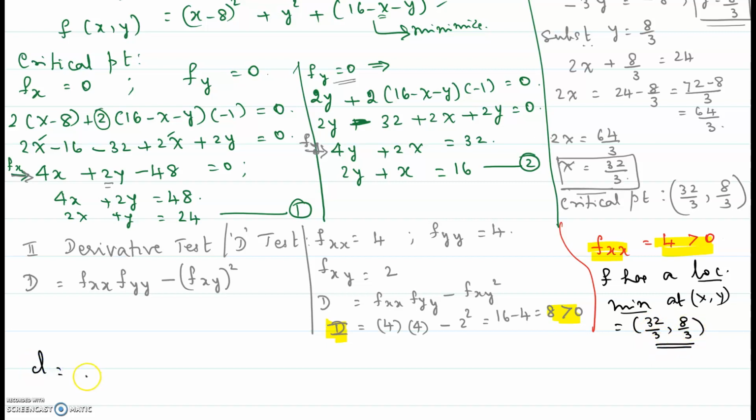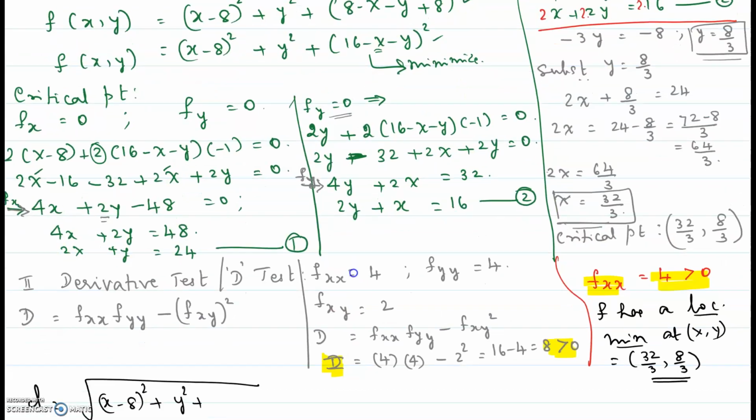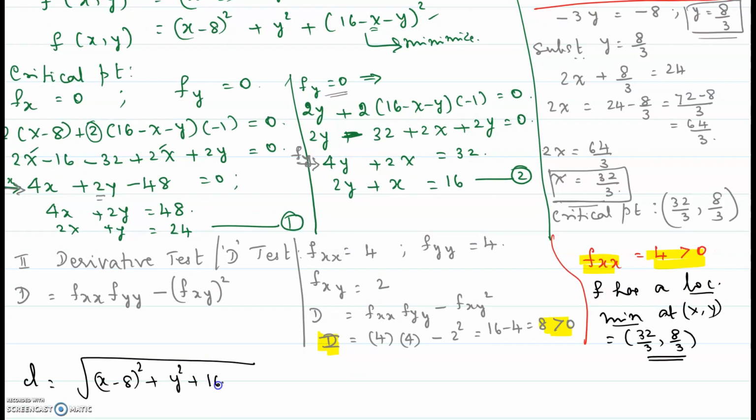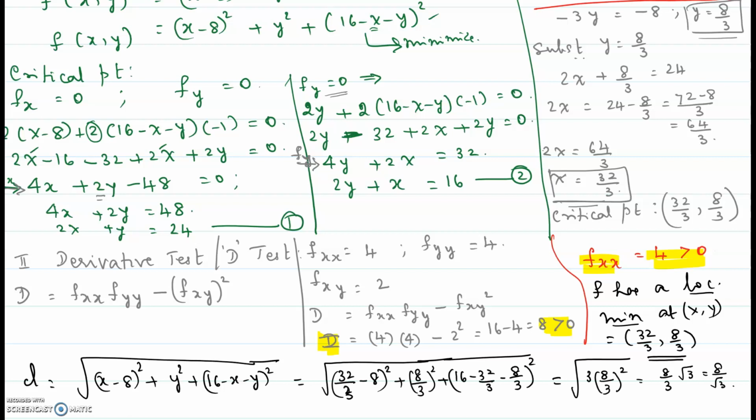But what is the distance? Distance is the square root of (x - 8) squared plus y squared plus (16 - x - y) squared. We need to plug in x = 32/3 and y = 8/3 into this. So we compute the distance, which we already found earlier, the square root of (x - 8) squared plus y squared plus (16 - x - y) squared.